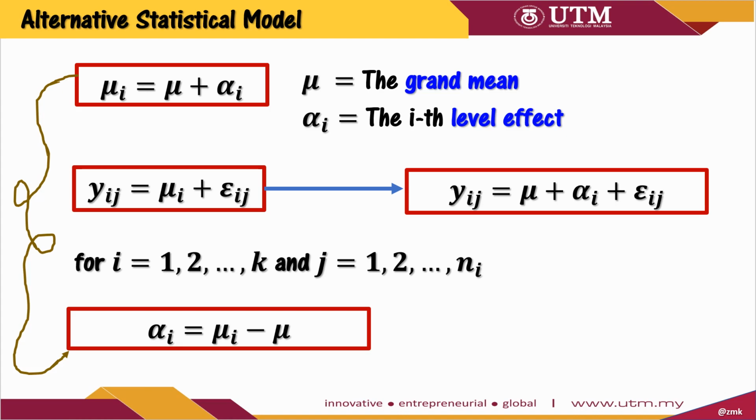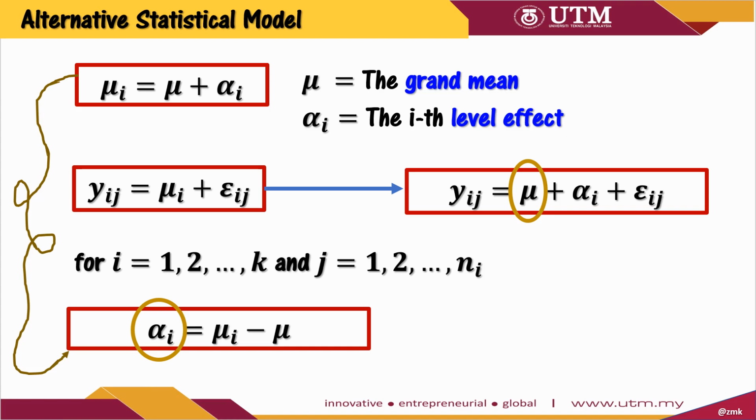With the alternative model, we have additional unknown parameters that should be estimated, which include the grand mean mu and the ith level effect for all i from 1 to k. For example, in the alcohol example where we have 3 levels, then additional parameters to be estimated are the grand mean mu and the 3 level effects alpha 1, alpha 2 and alpha 3.